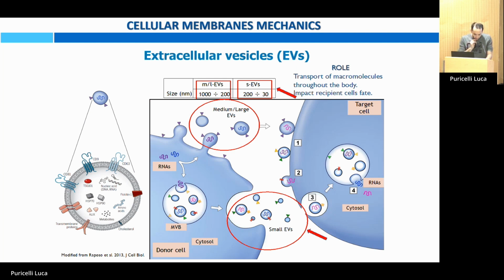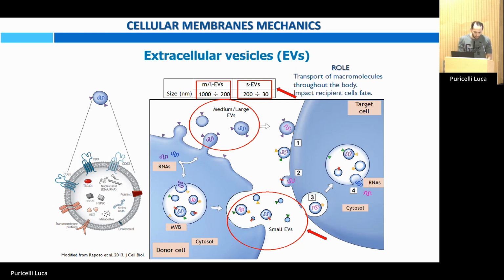Last but not least, if we go to a smaller scale, the nanoscale, and we focus on a small part of the cells, which is their skin, their membrane. The membrane is a complex system, but very important because it's the gate.